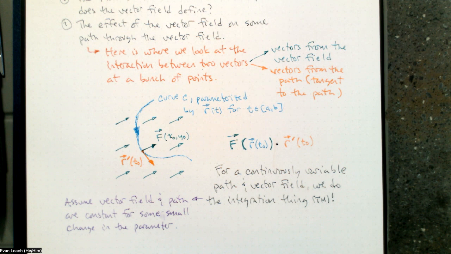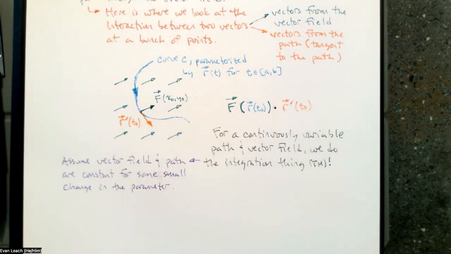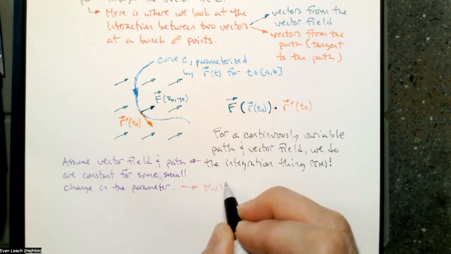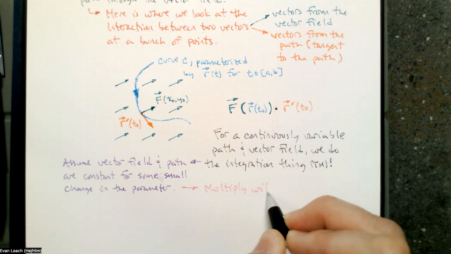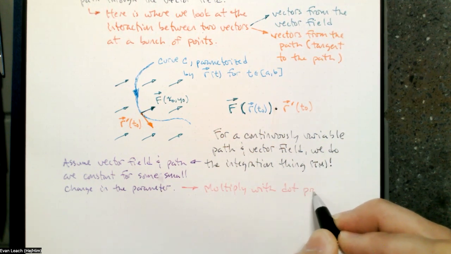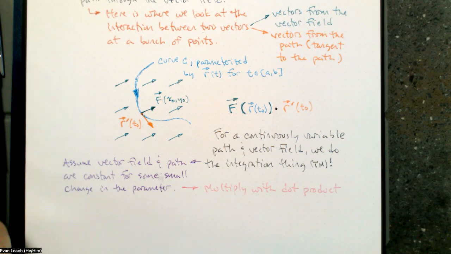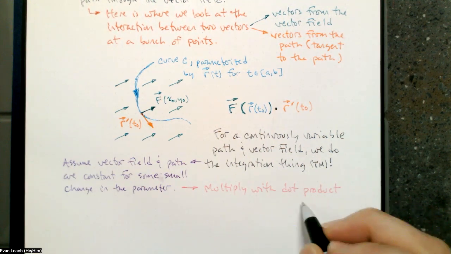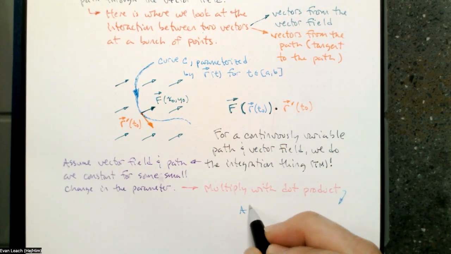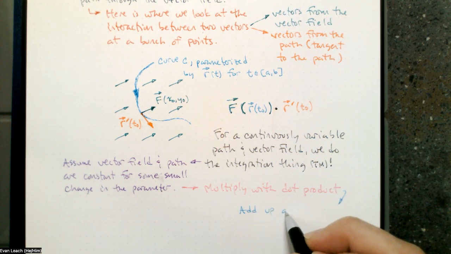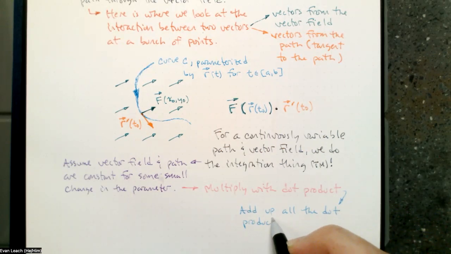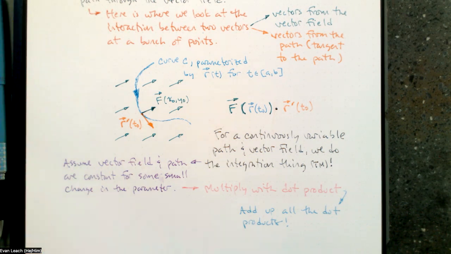Multiply for the multiply, which is calculate with the dot product. And then add up all the results. Just like we always do.